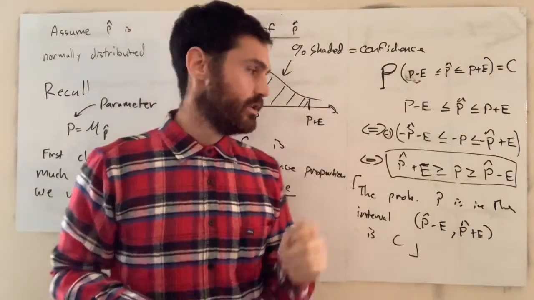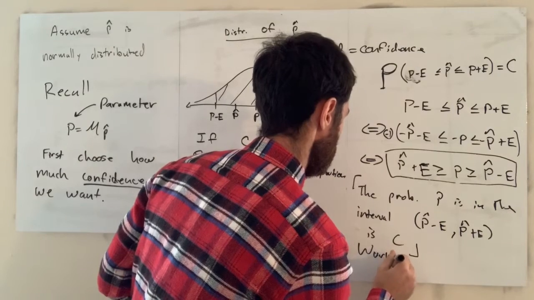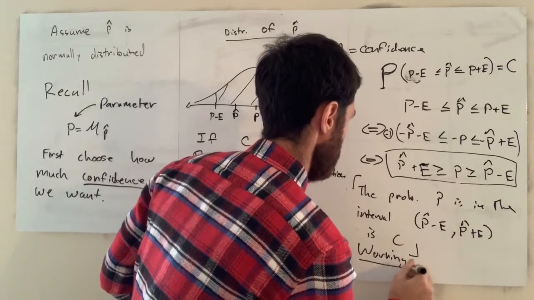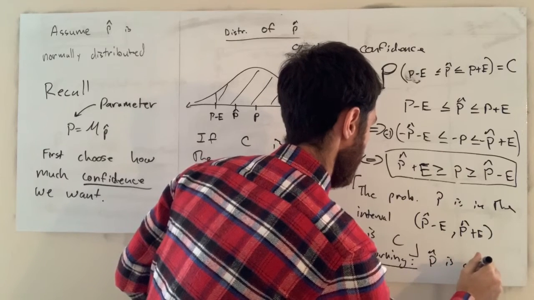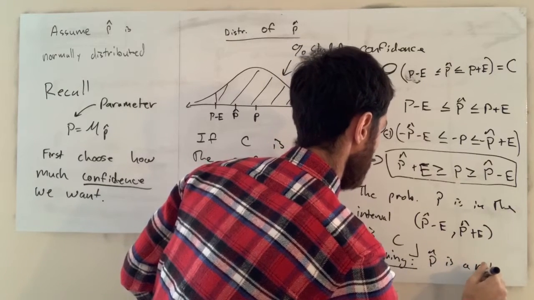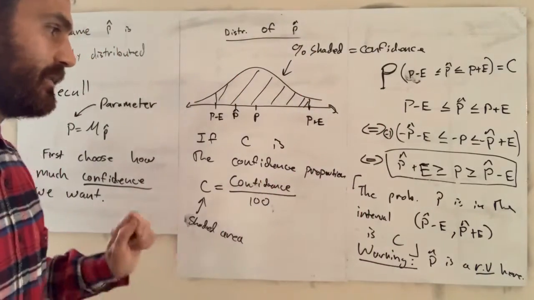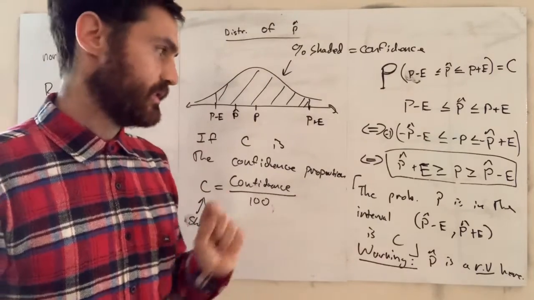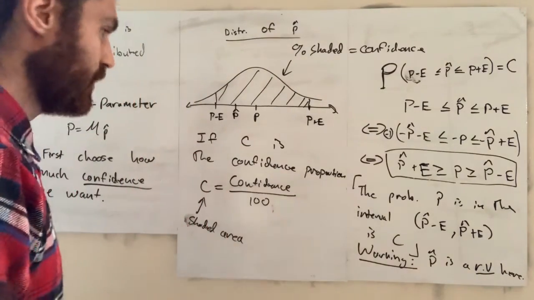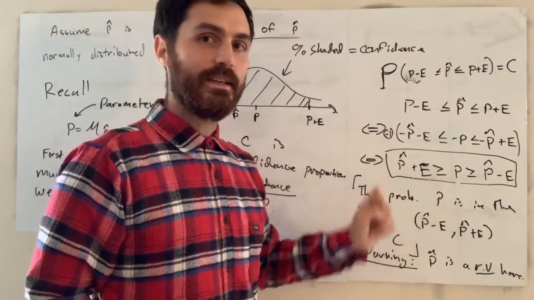All right, so again, warning, p hat is a random variable here. So again, keep that in mind. We're talking about this as a random variable right now. We haven't chosen a specific value. Okay, so we're getting closer to determining what this E is.